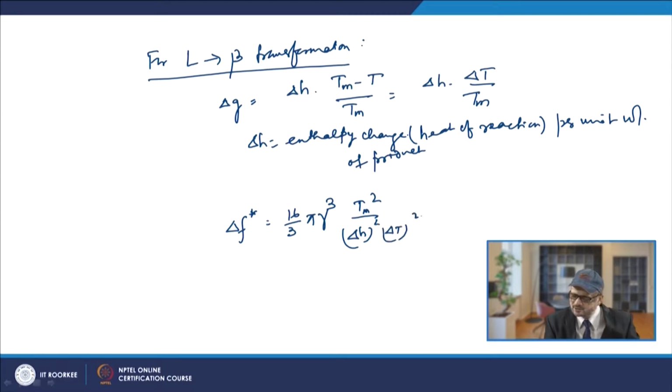So, this is another expression by which you can get the value of delta F star, that is your barrier, and that will basically be affecting your nucleation process.